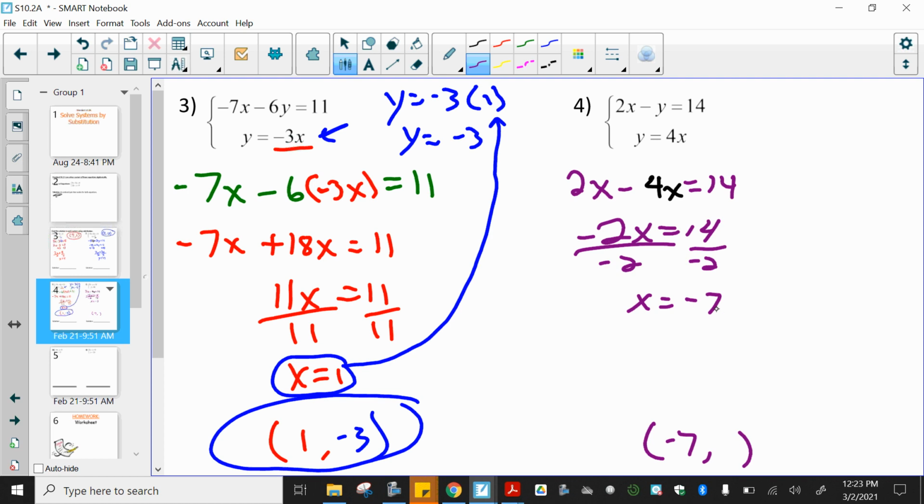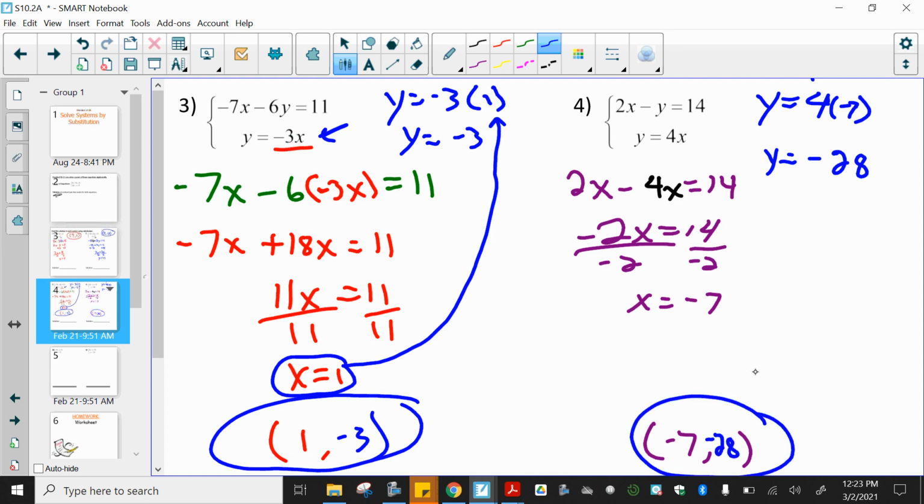Then I'm going to take that negative 7 and plug it in up here. Let's do blue again. So I have y equals 4x. 4 times x. But I want 4 times negative 7. Alright, so y equals, well, 4 times negative 7 is negative 28. That's going to go down here, negative 28. Negative 7, negative 28.